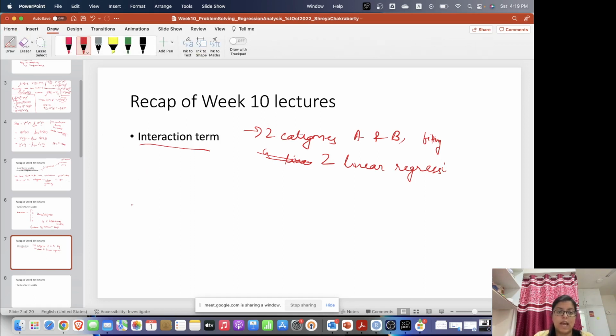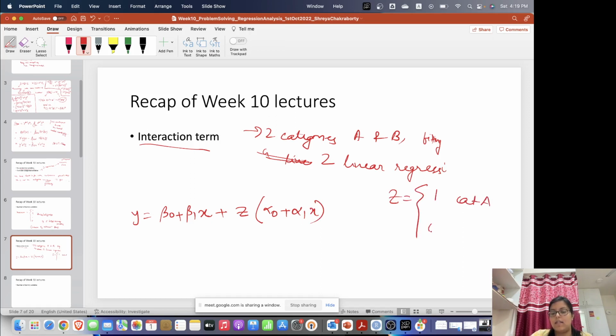We can write it as y equal to beta naught plus beta 1 x plus z into alpha naught plus alpha 1 x, where z equals 1 if category A and 0 if category B. Okay, and then we can model this entire thing and test for different scenarios.